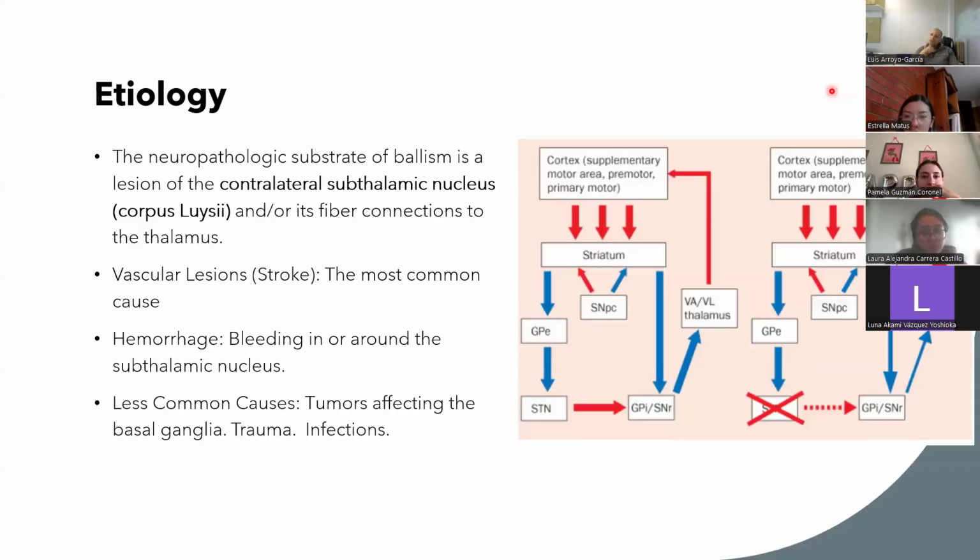Okay. Let's go again from the beginning. So substantia nigra, very good, Pamela. Can you continue with what you said, but just complete the map.